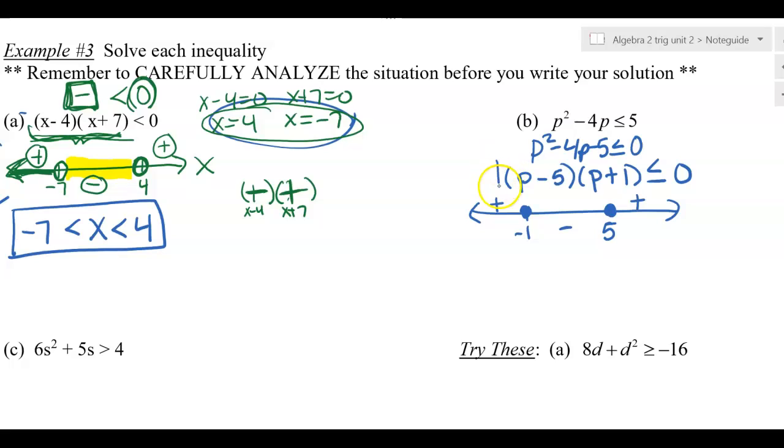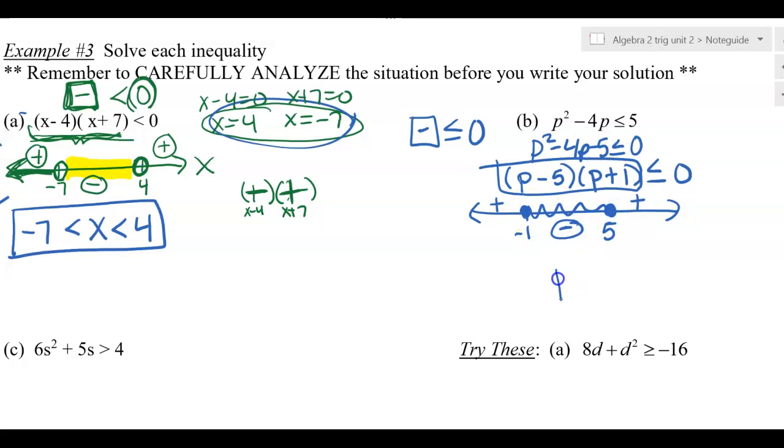So which part actually answers this question? We want this calculation to turn out to be what kind of number to make this inequality true? Negative, right? If you guys are struggling with that part, you should ask yourself, what do I want? What kind of number would be less than or equal to 0? What would make this true? And a negative would make it true, which is this part here.